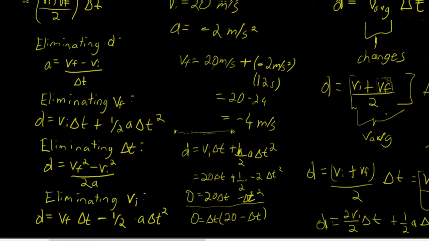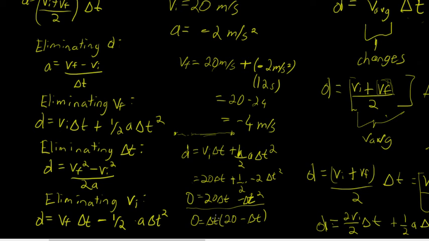So 0 is equal to that product. You notice that anything times 0 is 0. So either of these quantities can be 0 for this equation to be satisfied. That happens when delta t equals 0. So initially, of course, you're at your starting point, but also when delta t equals 20, this factor is 0.